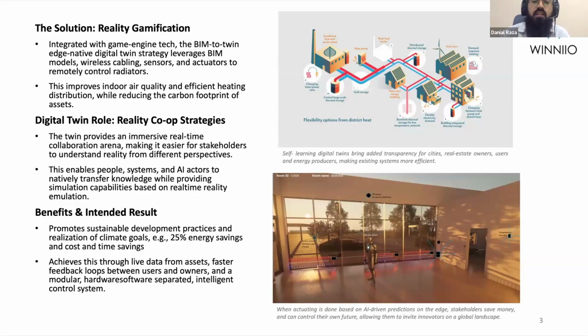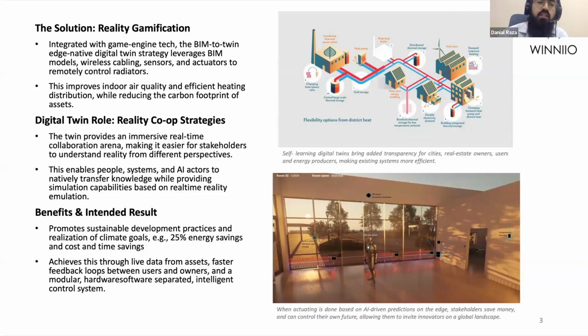You can also see the status of the building, what's going on, especially related to temperature, humidity, and the CO2 sensors we have built in. What we are working towards is going from BIM to a digital twin while getting real-time data in.